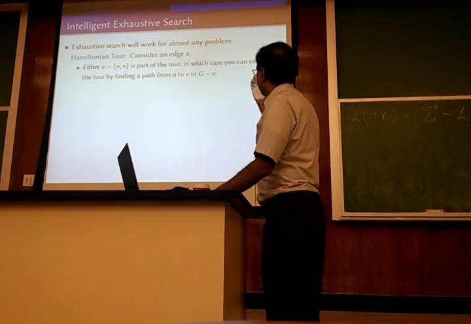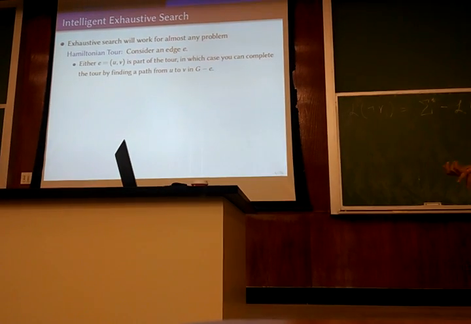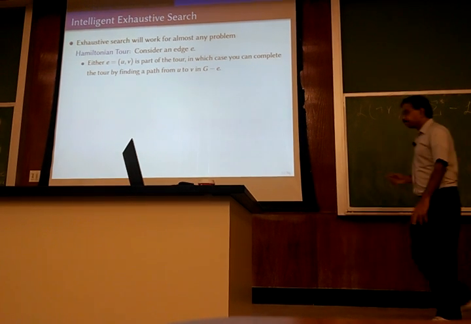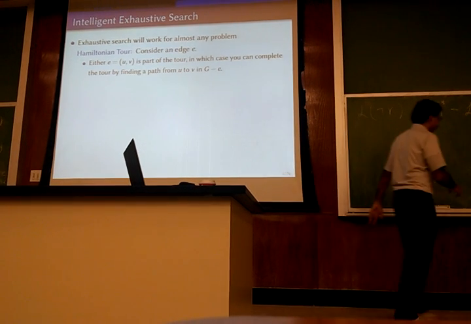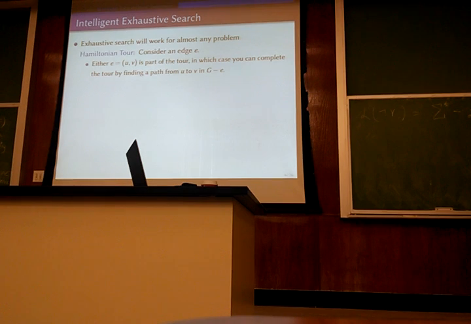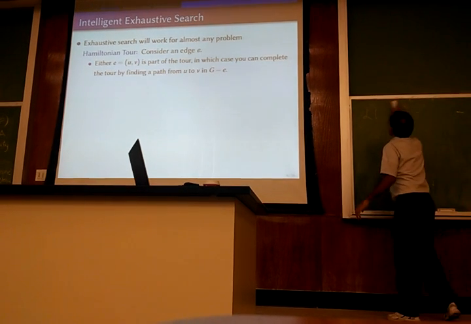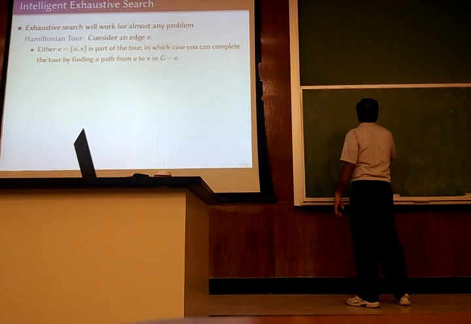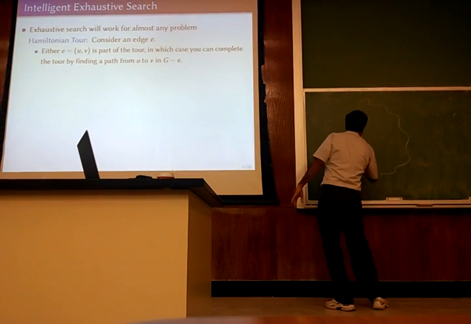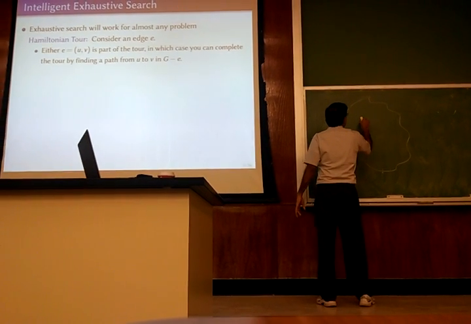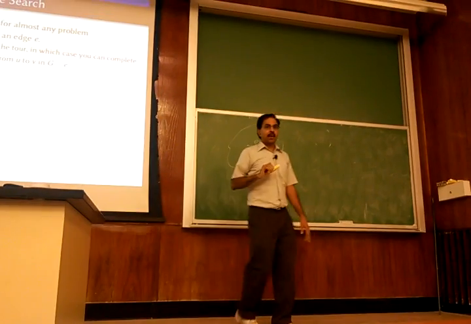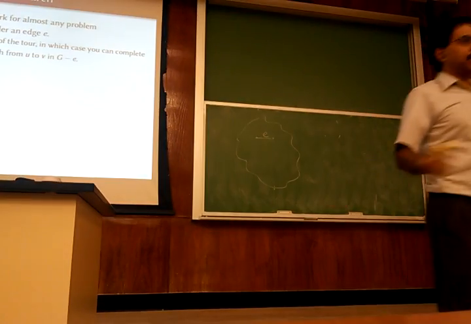Once I say it's part of the tour, then what do I do? I have this graph, and I have this edge E. I want to try the two possibilities.